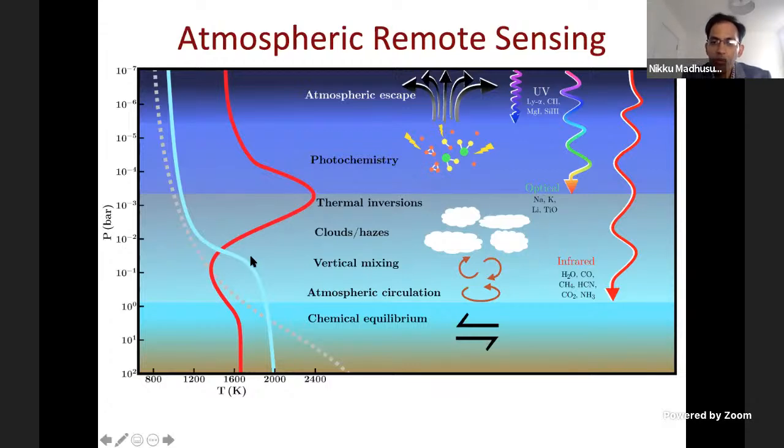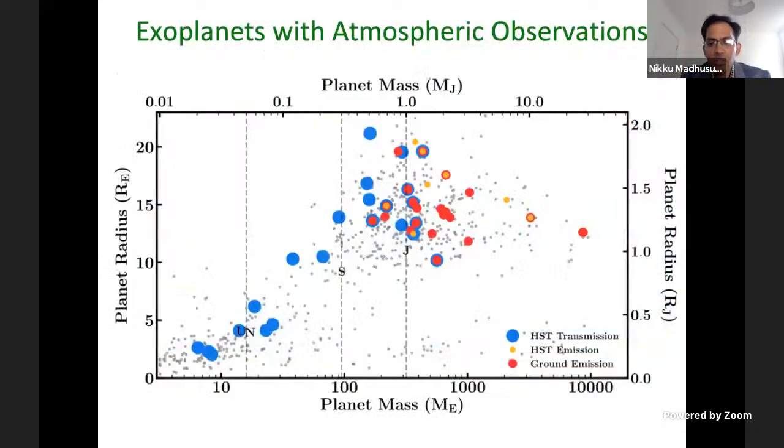And once you have put constraints on these chemical species, and hence constraints on these various processes, you can do more fundamental studies of the physical processes in these atmospheres using ab initio modeling and so on. So there are numerous planets now for which atmospheric observations have already been made, and this is just showing a rough summary, using the Hubble Space Telescope, transmission spectra, emission spectra, and for several planets using ground-based emission spectra.